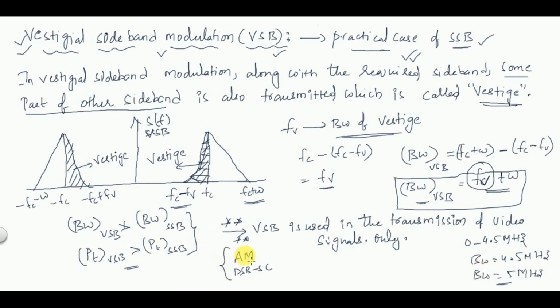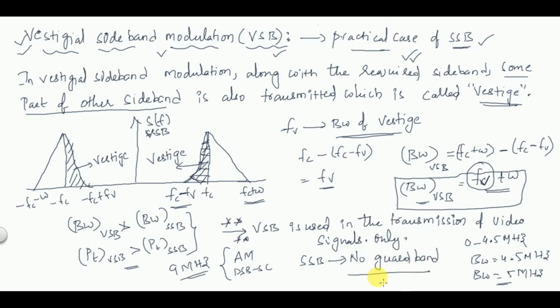If you use AM or DSBSC, the bandwidth of an AM signal is twice the message signal bandwidth. Similarly for DSB it is twice the message signal bandwidth. So the bandwidth required here is around 9 megahertz, and more bandwidth is going to be wasted. SSB also cannot be used because there is no guard band.